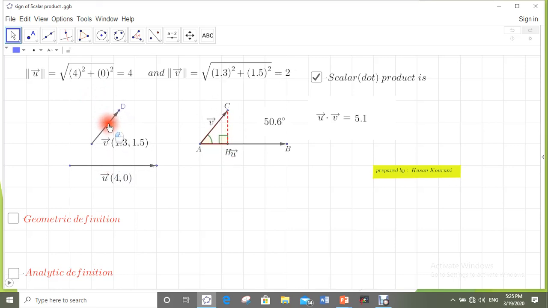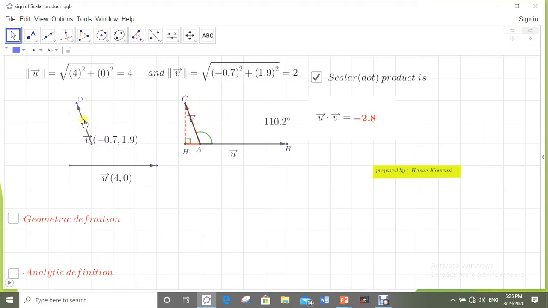Above it is also acute. In this case the scalar product becomes negative. Also in this case, as you see, the angle is obtuse and the scalar product is negative. In a particular case here, as you see, the geometric angle between them is 90, and we said that these two vectors are orthogonal, then the dot product is 0.